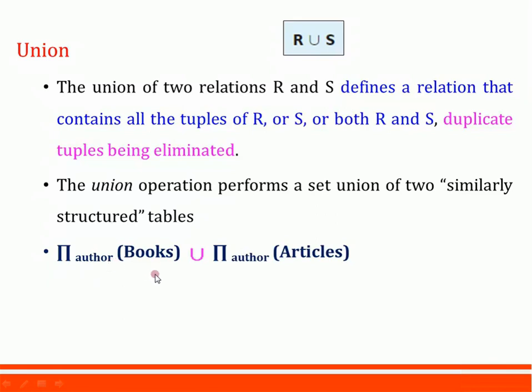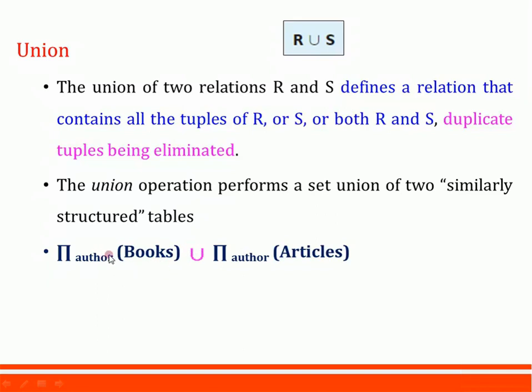For example, you can indicate it like this: project only those authors who are present in books and the authors who are present in articles. So you have two relations, books and articles, and you are going to project only the authors and combine them.